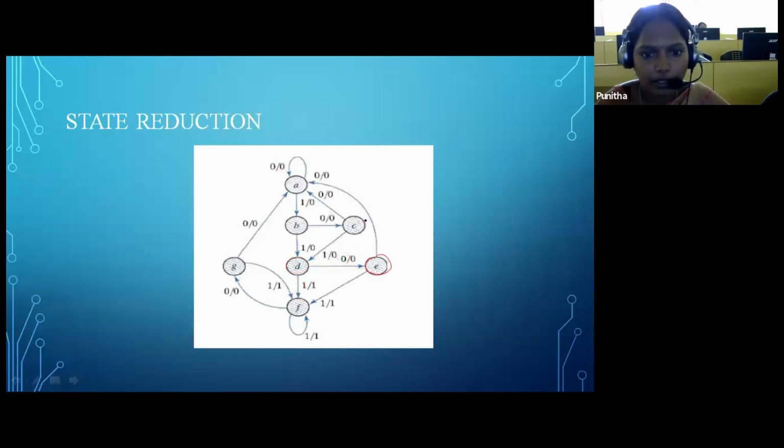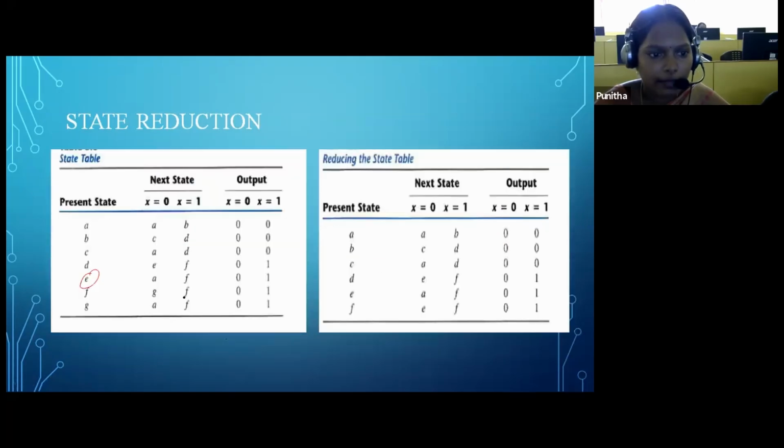I'm applying 0, and the next state is A. For this one, I'm applying 1, and the next state will be F. So for E, the next state is AF.